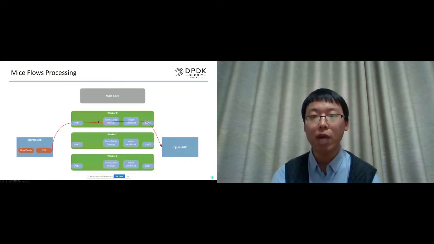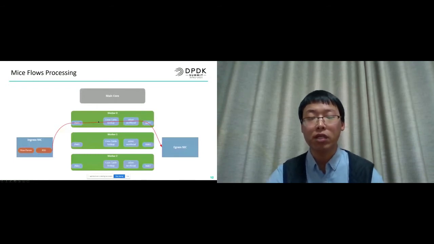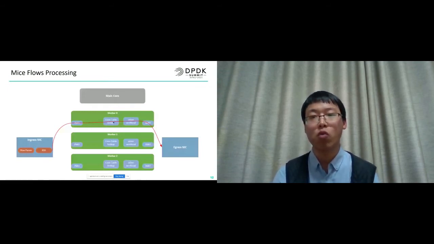First, it will look up the connection table and find out the flow's information, like which real server this flow belongs to and how to do the network address translation. This is a key workload in the load balancer.